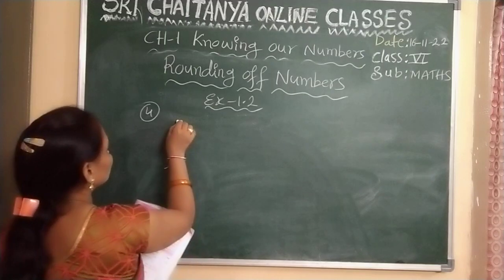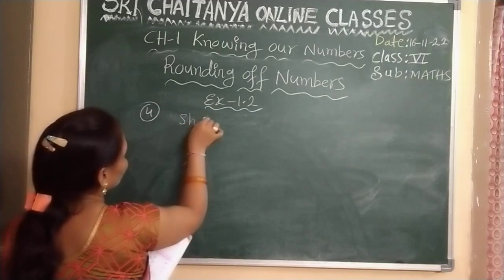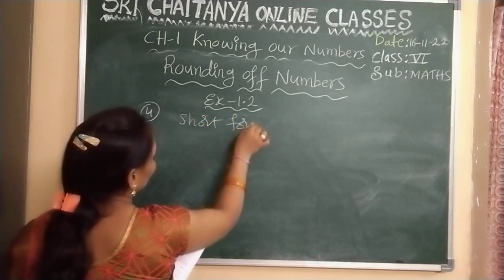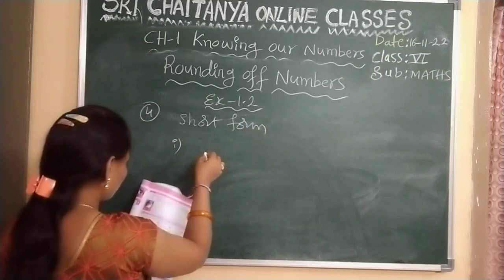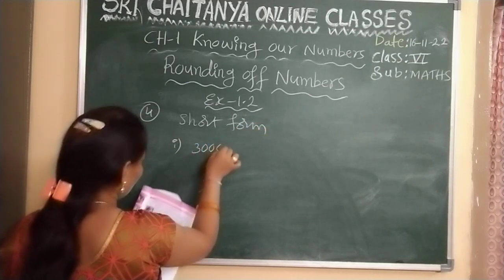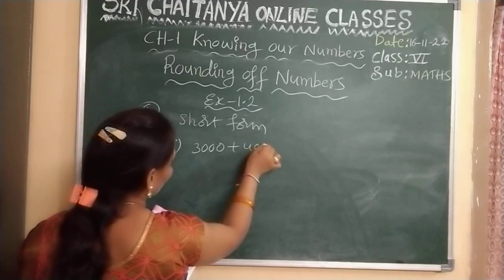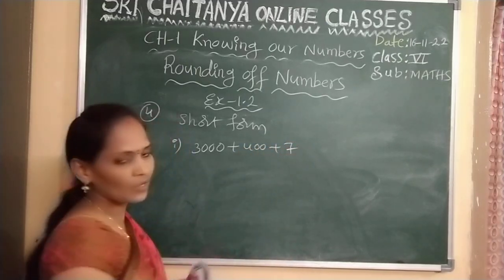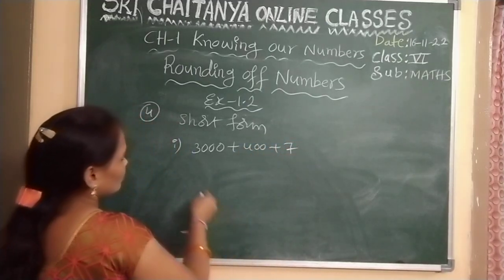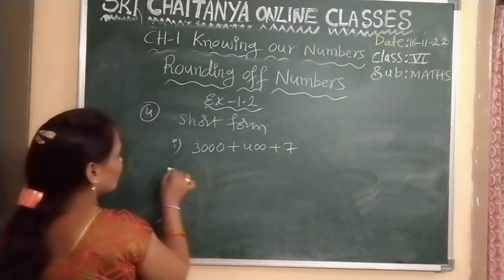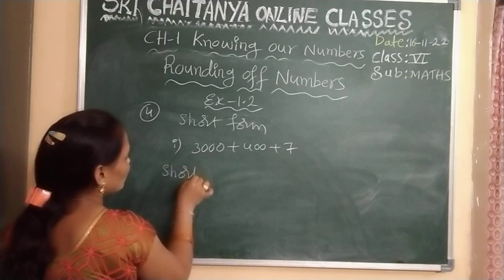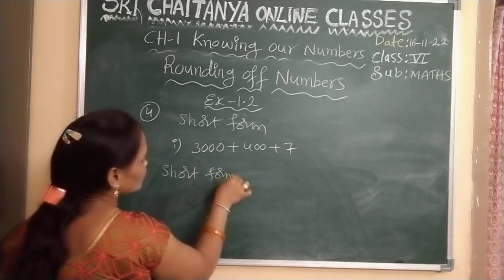Here, how to write the short form? The expanded form given is 3,407. For that expanded form, how to write the short form?